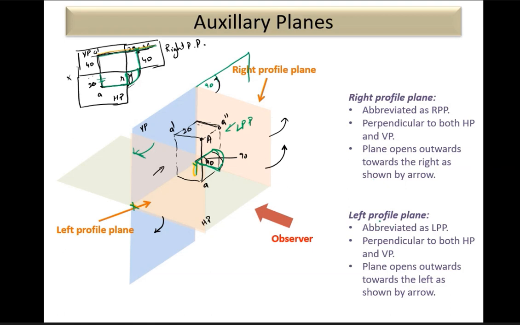Okay, so left profile plane will be abbreviated as LPP, and this is also perpendicular to both HP and VP. You can see this is perpendicular to HP as well as VP. Fine. The plane opens outward towards the left hand side.